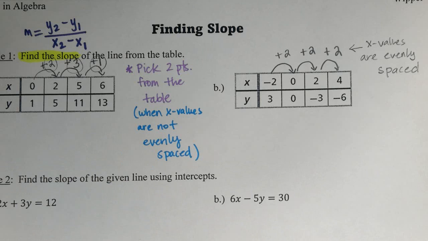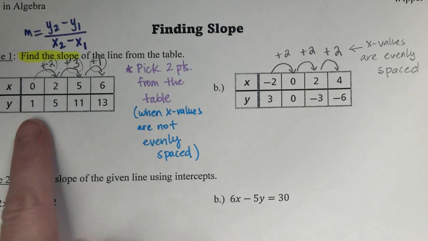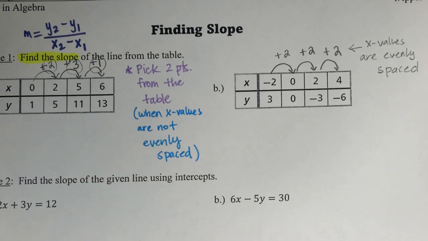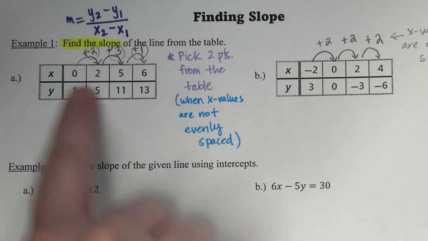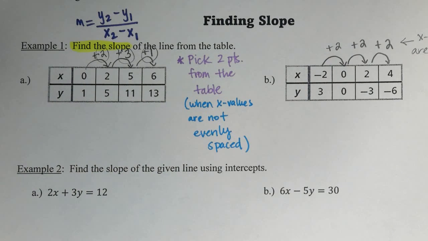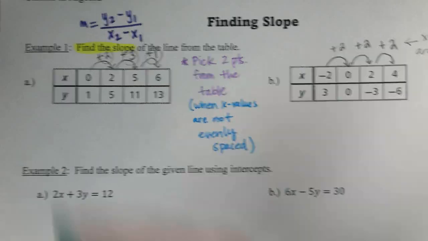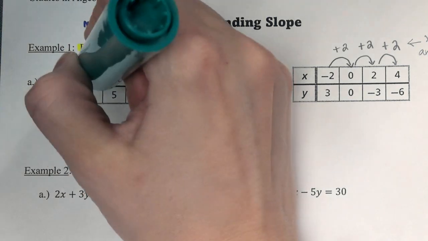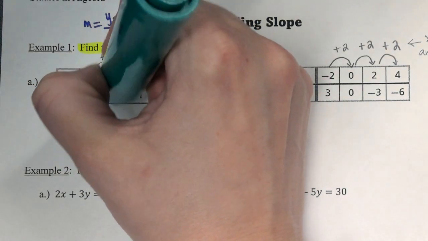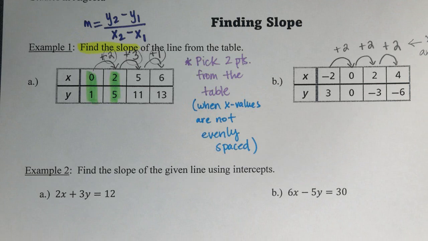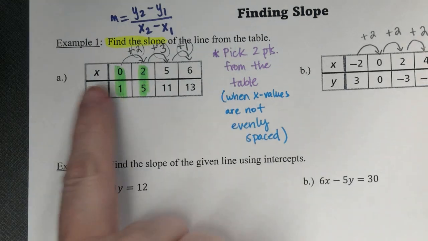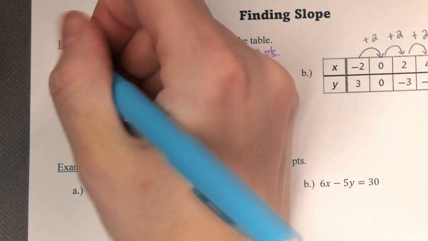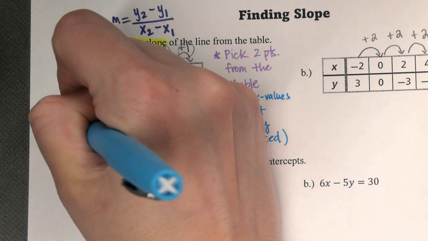If they're not evenly spaced, you can pick any 2 points that you want. Every point is xy. Generally, I pick the first 2 in the table, or I just pick 2 of them that don't have negatives in them. So I'm going to choose this point, and this point. Let's write those out. The first point, the x is 0, the y is 1, so it's 0, 1.